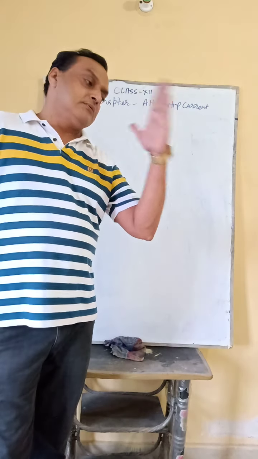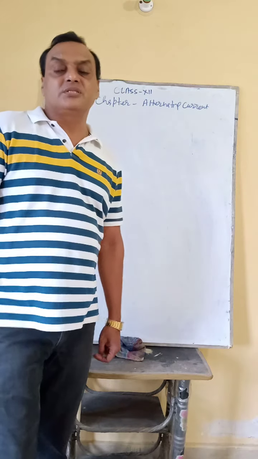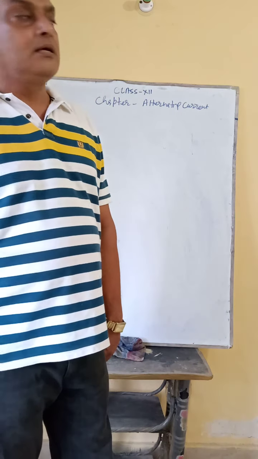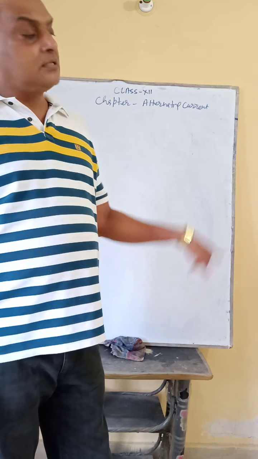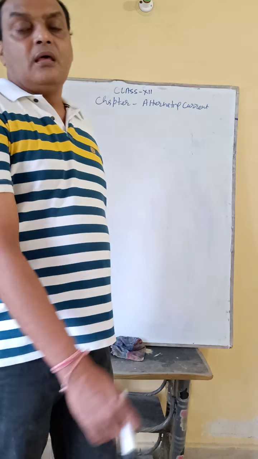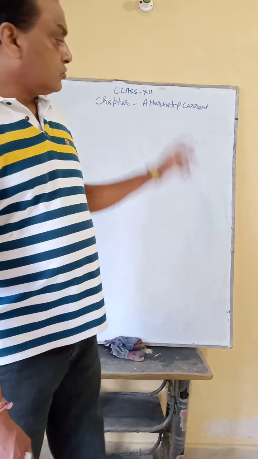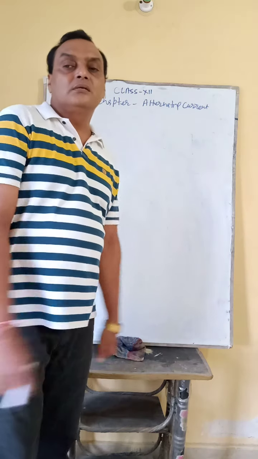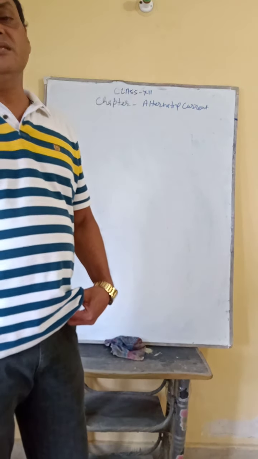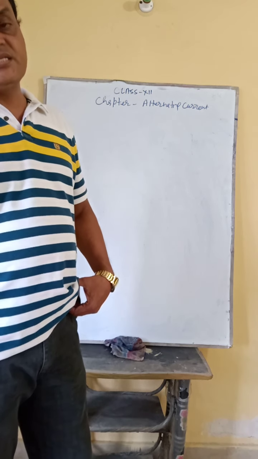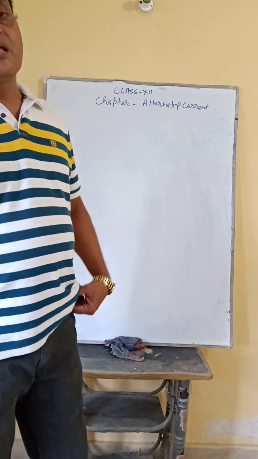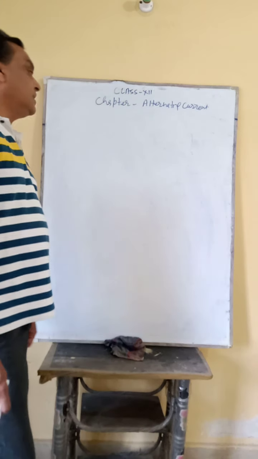Then after this, average power across resistance, inductor and capacitor. After this, LCR circuit. So impedance, we got impedance in LCR circuit. Up to here we have discussed.